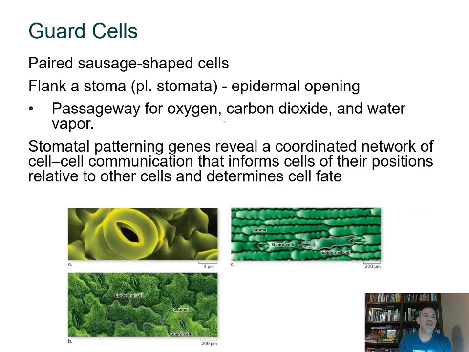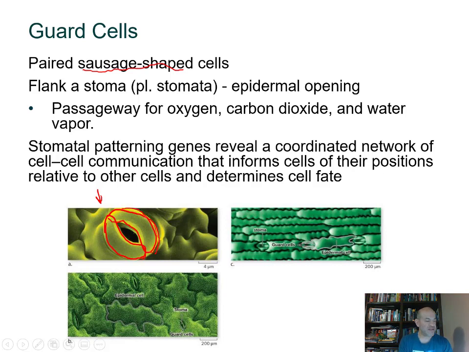So taking a look at the guard cells that we saw underneath the leaf there, it's a pair of cells that are specialized to change shape. The notes here refer to them as sausage-shaped cells. So you can see in the first image here, which is a scanning electron micrograph, this would be one of the cells, and then the other one. And so as the pressure changes in the cell, the plant can regulate pressure by moving potassium around, for example.